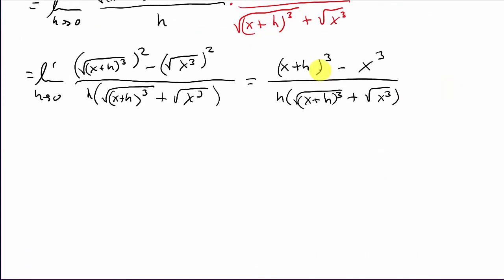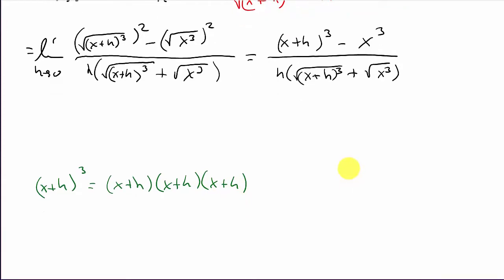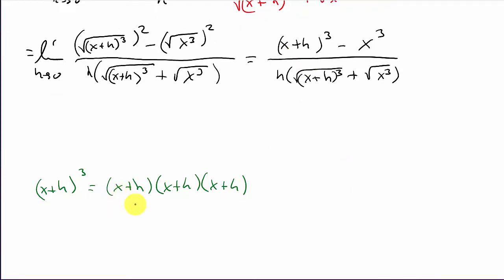Alright, so what we've got to do now is see, we've got to multiply this out. So what I think I'm going to do is, let's just come down here, x plus h cubed. Alright, so remember that's x plus h times x plus h times x plus h. Okay, so I'm going to just multiply this down here and then we'll just write it in.